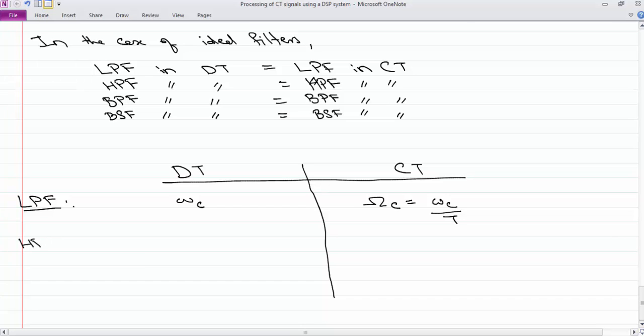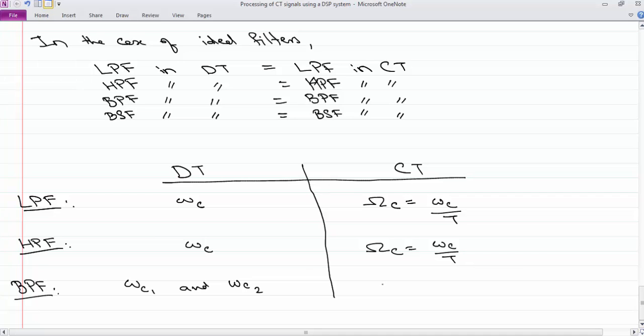A high pass filter, again, is described by a cutoff. So if it's omega c, in continuous time it will again be little omega c over T. A band pass filter is described by 2 points, omega c1 and omega c2. Omega c1 tells where the band starts and omega c2 tells where the band ends.